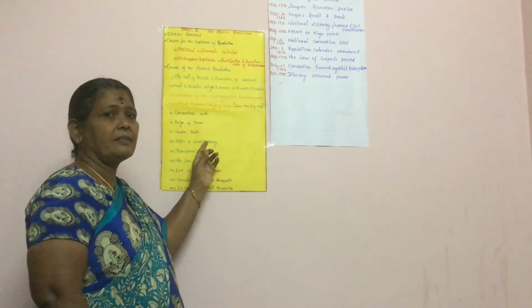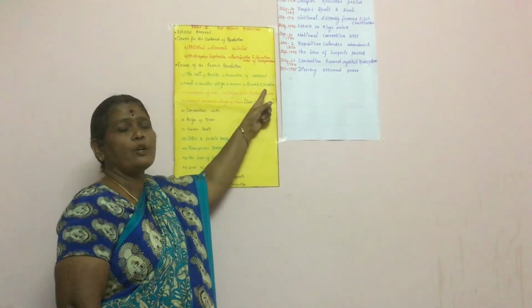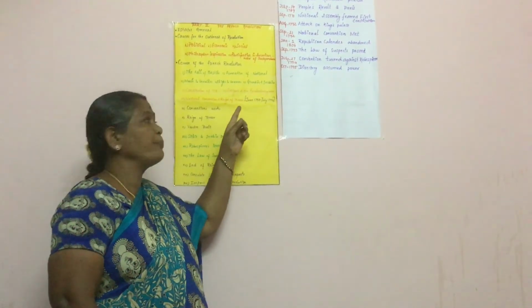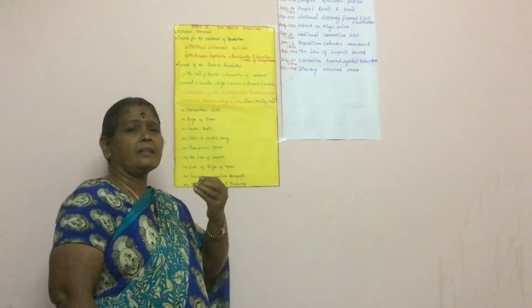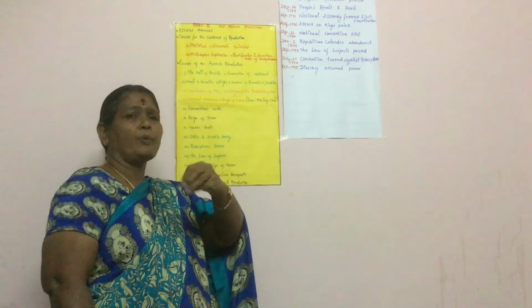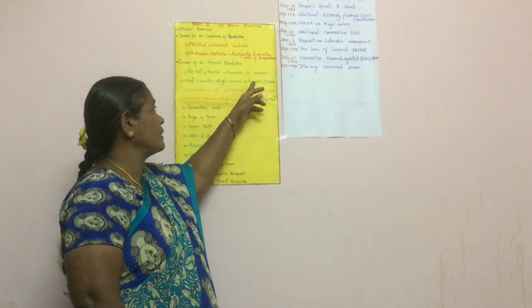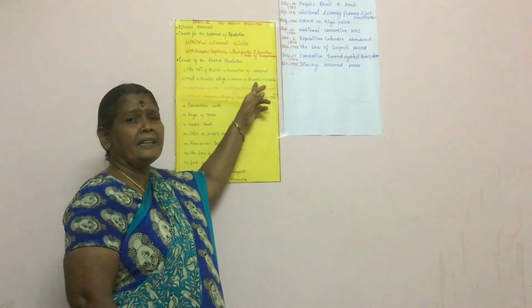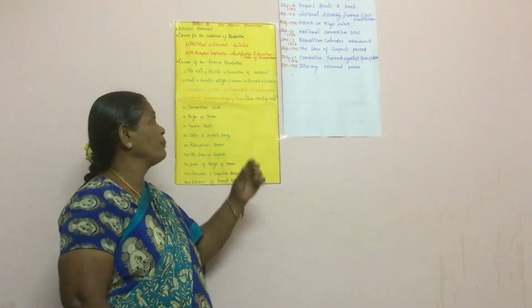Dear children, now we see the Girondins, Jacobins and emigres. Who were called Girondins? The people who formed the National Assembly were called Girondins. They wanted the king to be a limited monarch.